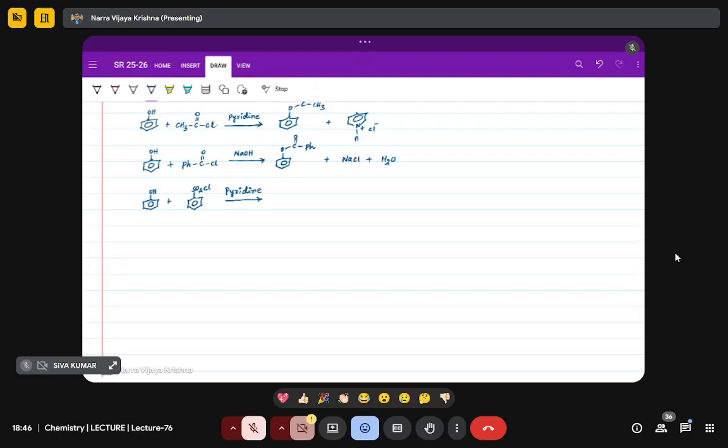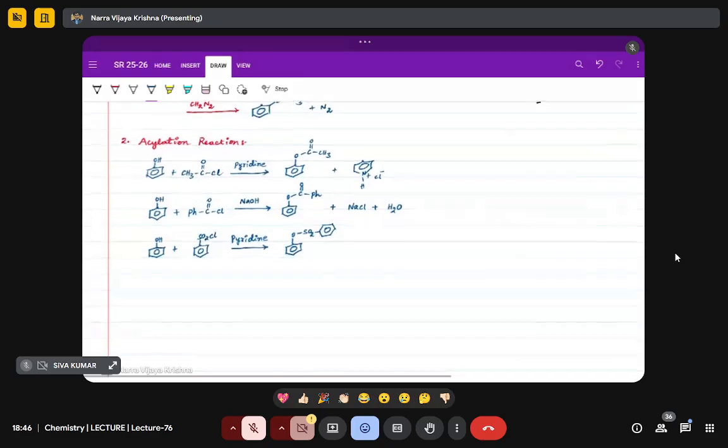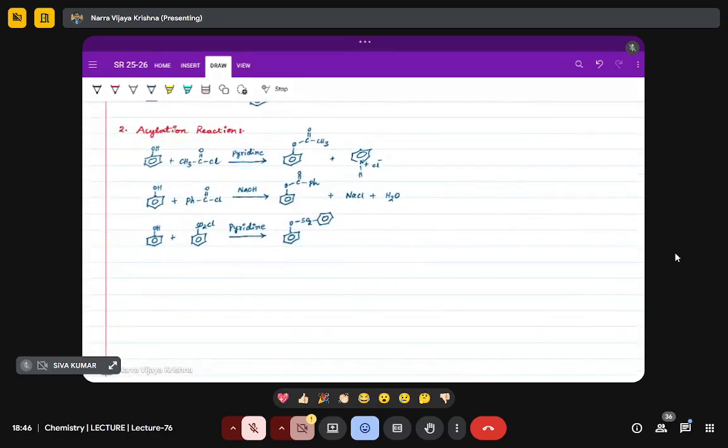Again remove HCl, from here H, from here Cl. So the product is, here already O is there, this is SO2, again benzene ring. That HCl is trapped by pyridine again. So all these are like acylation. I call this sulfonation.